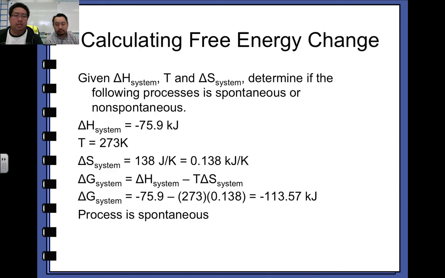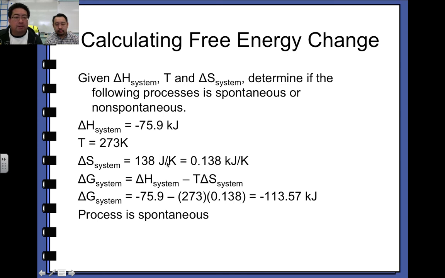That's right. So how do we calculate these changes? Let's say I gave you some numbers, and we have to determine whether something's spontaneous or non-spontaneous. So let's say delta H of the system is negative 75.9 kilojoules. The temperature is 273 kelvins, and the entropy of our system is 138 joules per kelvin.